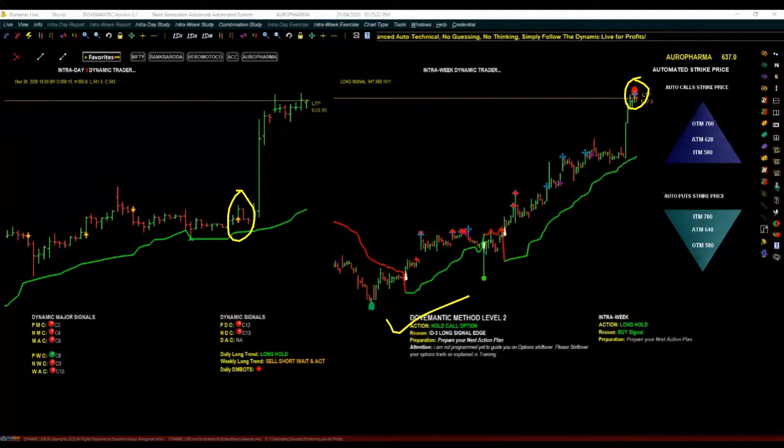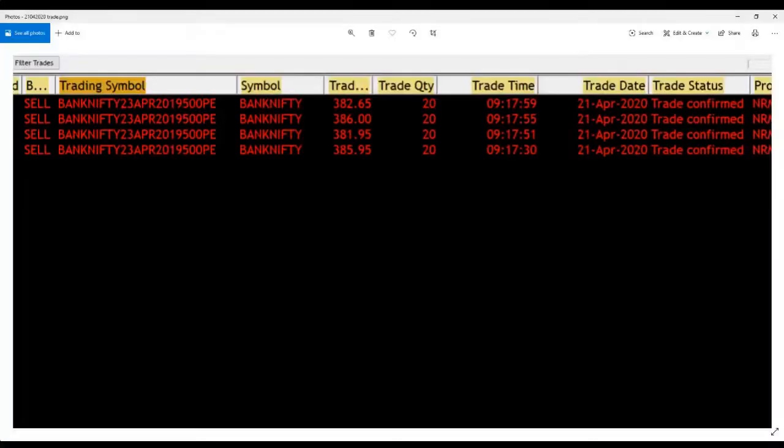I had bought a 19,500 strike price put option at 210 rupees, and today I have exited it at this price. This is the premium where I have exited.